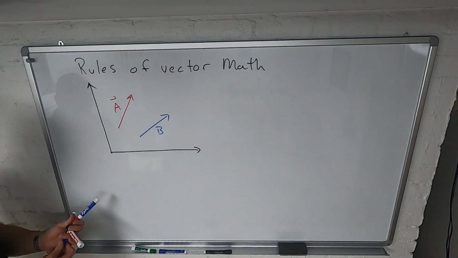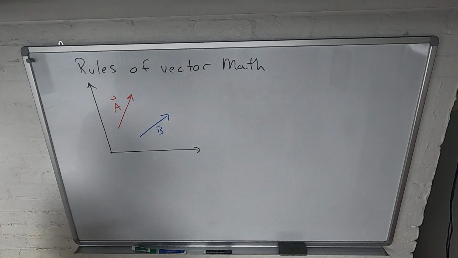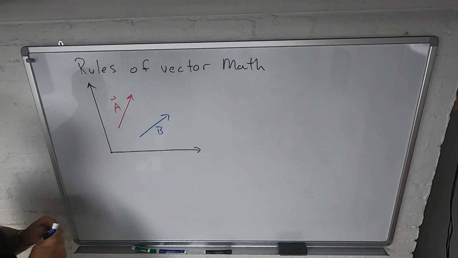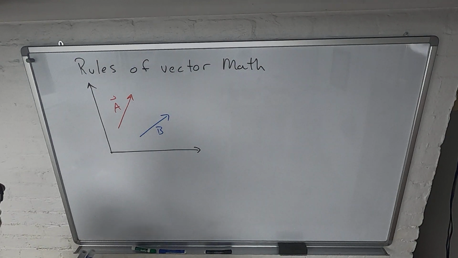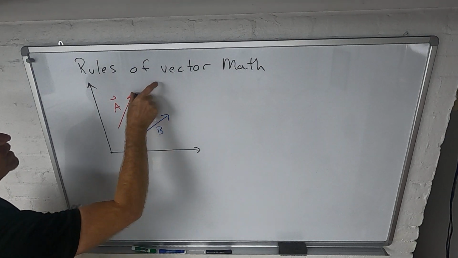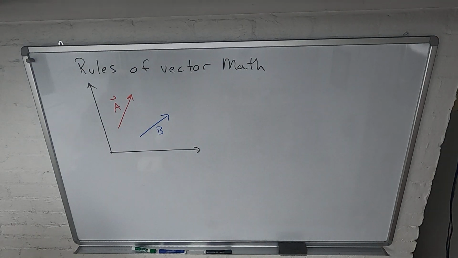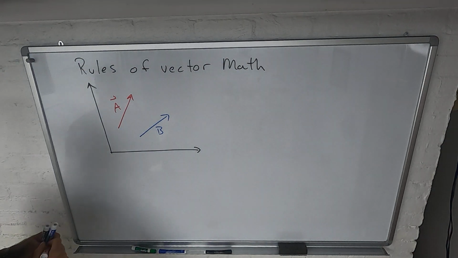And so what I can do with vectors is I can move them around on my two-dimensional space without any penalty. And so I'm going to move B to A, or A to B. So let's do that.